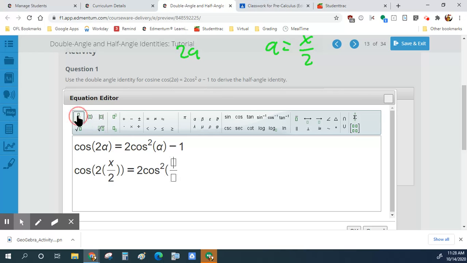The reason why I divided it by 2 is it makes it a little bit easier for you guys to see that I'm cutting something in half. And then I'm going to subtract 1. So basically what I want to do is get this cosine x over 2 by itself. In order to do that, first I'm going to simplify this side right here. So 2 times this, that's going to be cosine of x. And this side pretty much stays the same, unfortunately.